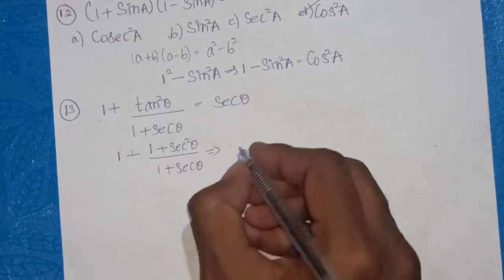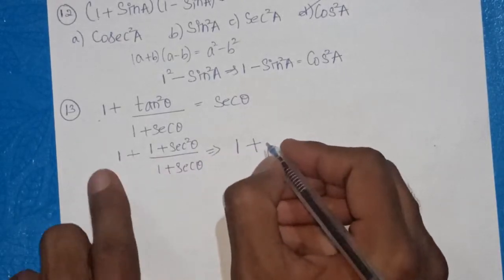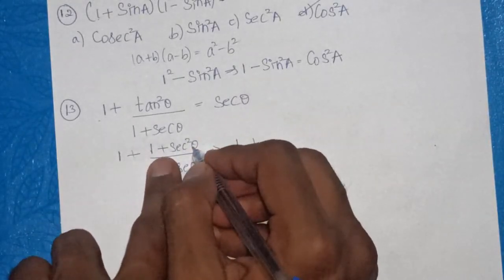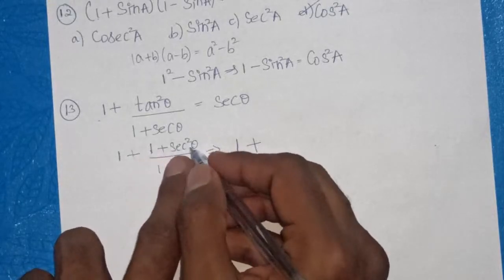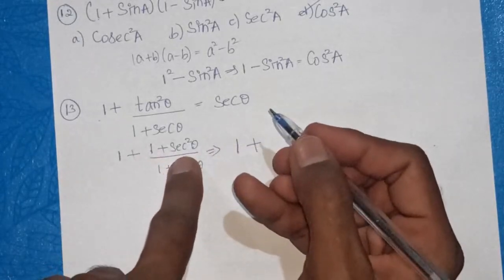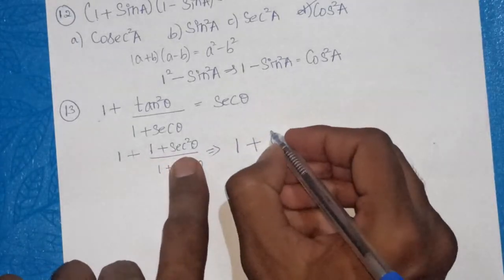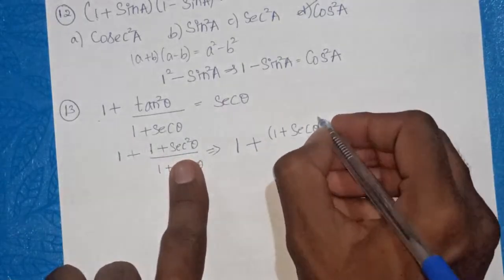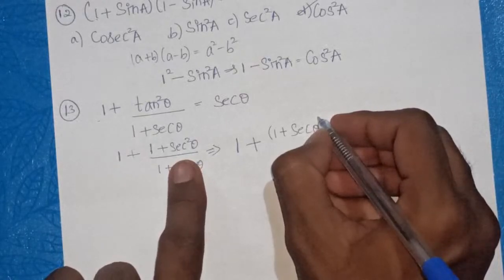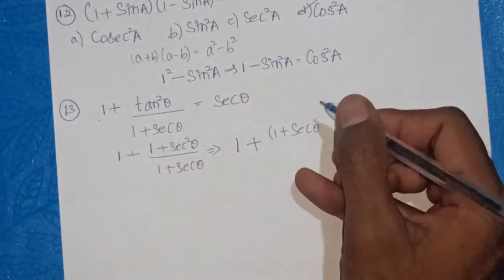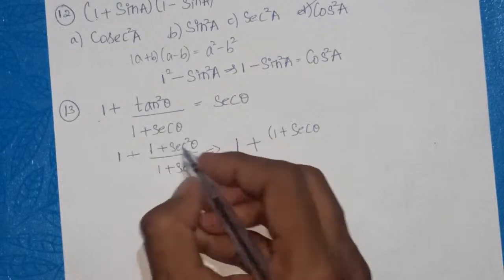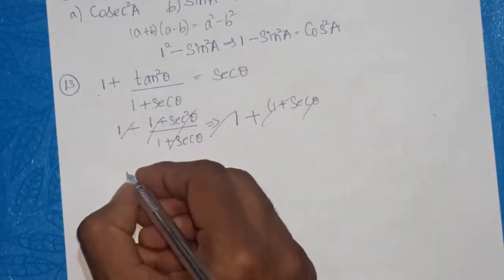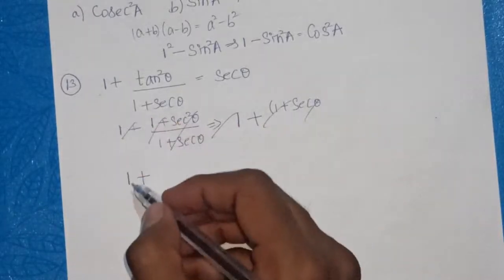or else we can take 1 as it is, and here 1 plus secant square theta is in the form of a square plus b square. Sorry, here 1 is kept as it is.